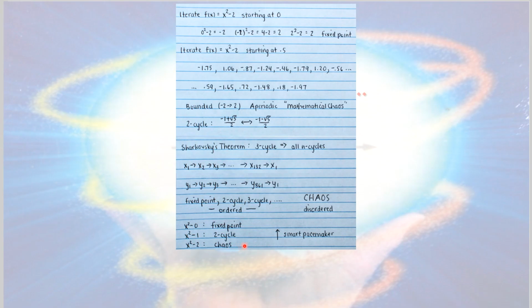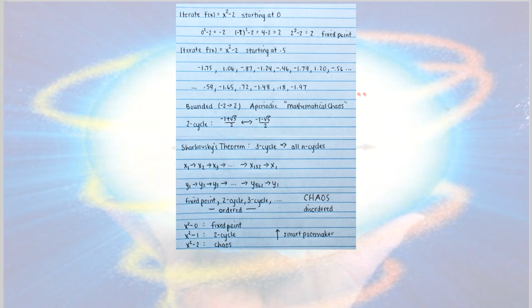This progression is directly related to an innovation in heart pacemakers. So oversimplifying, the pacemaker is able to recognize a slippage from a healthy dynamics, symbolized by x squared, to less healthy dynamics, like x squared minus 1, and pushes the rhythm back to a healthy regime before it reaches atrial fibrillation, symbolized by x squared minus 2.